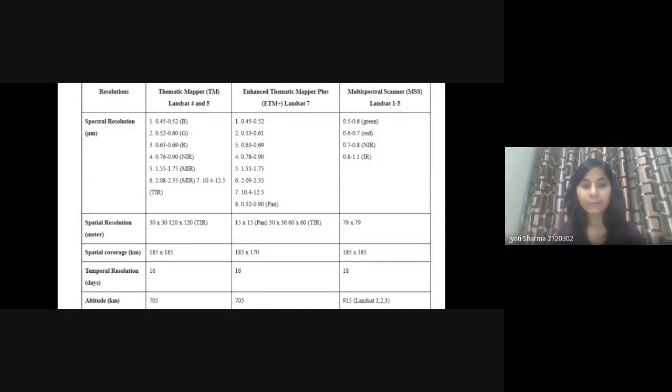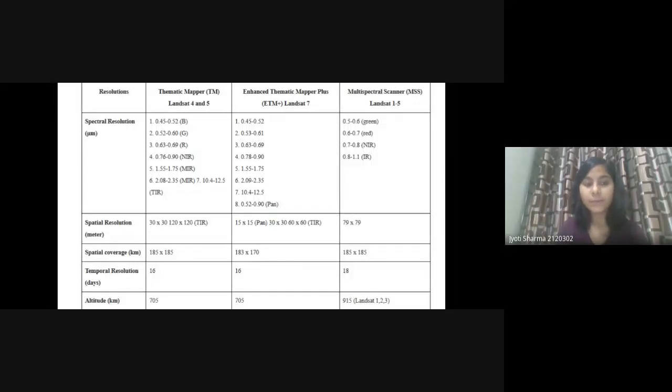For example, it also gives 30 by 30 meter data, and also 120 by 120 meter data. For Landsat, it is giving 15 by 15 meter data, meaning the size of the pixel. It also gives 30 by 30 and 60 data. Landsat 1 and 5 give this much spatial resolution.